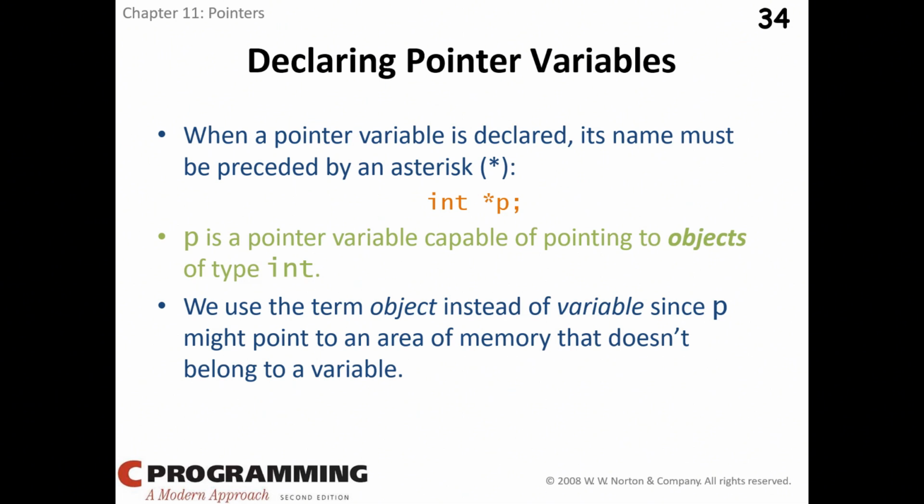In other words, p can point to any memory location whether or not it contains a defined variable. Understanding pointer variable declarations is crucial for effectively working with pointers in C programming. By properly declaring pointer variables, we can manipulate memory addresses and access data stored in memory, enhancing the flexibility and efficiency of our programs.